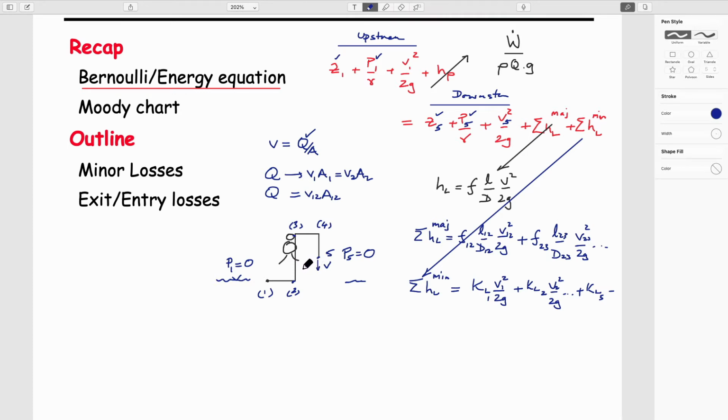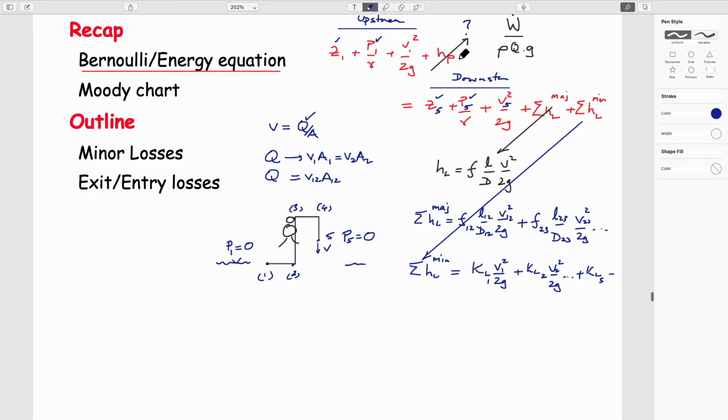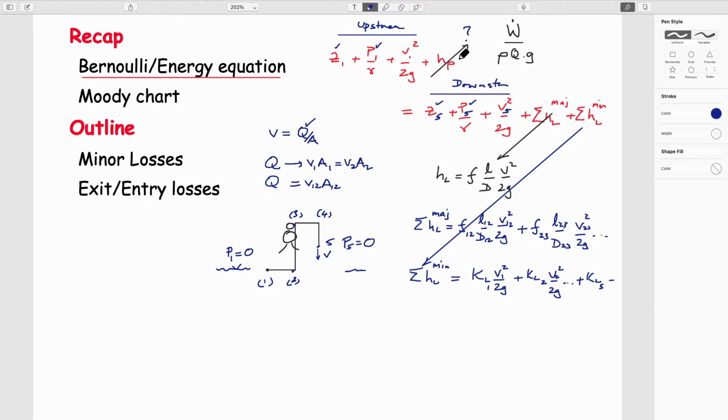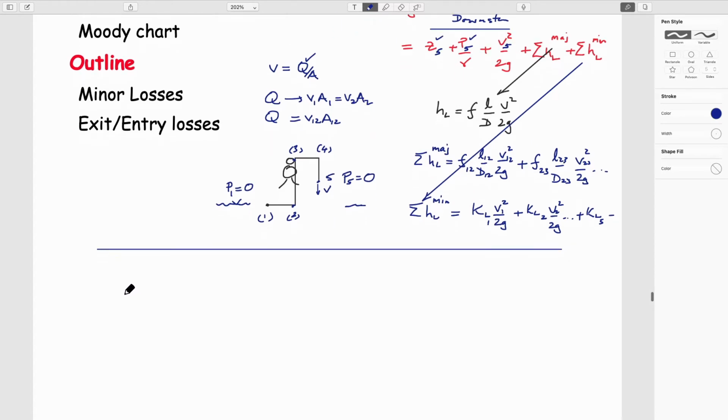And the only other thing that you'd like to know would be this term here. And so you could calculate what the pump magnitude would be. That's typically what we'd be interested in doing. So that's kind of a flying at 35,000 feet view of what we might want to be able to determine. These things rely on two items. So one is that we need to know what the magnitudes of the major losses are.